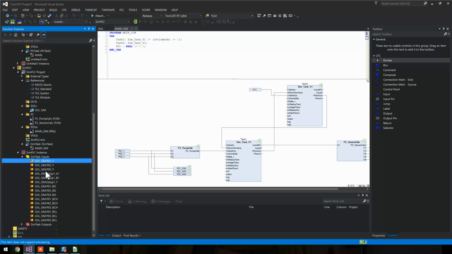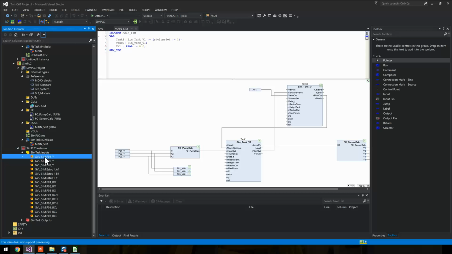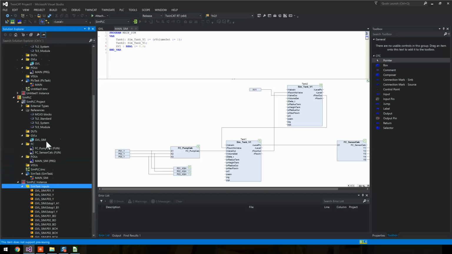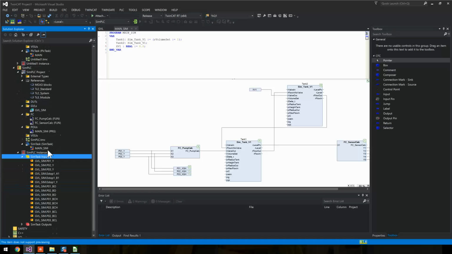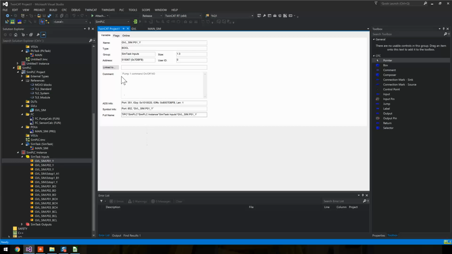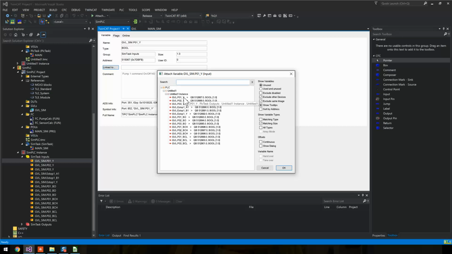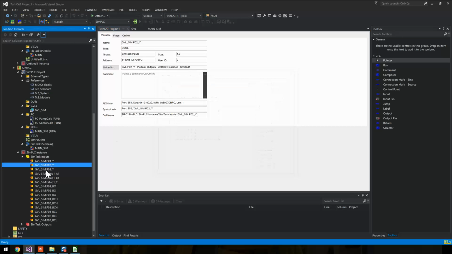So we'll be mapping all our inputs in the sim task to outputs in the PLC task. So let's do that. One. Thankfully they're all alphabetical.